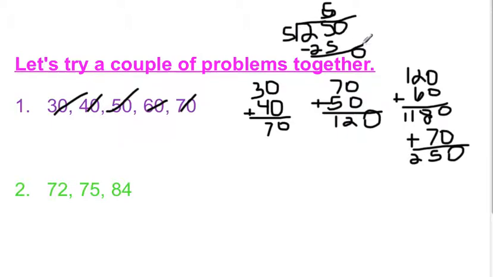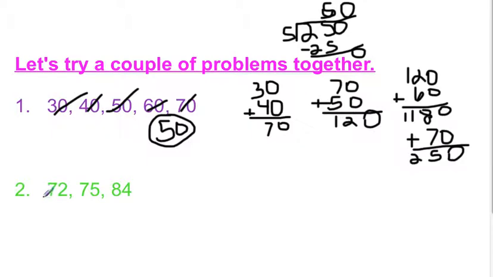How many times can 5 go into 0? It goes in there 0 times. So the average for number 1 is 50. Once again, we added all of these numbers up and we got 250, and we divided it by 5 because there were 5 numbers that we added, and we got the answer of 50.